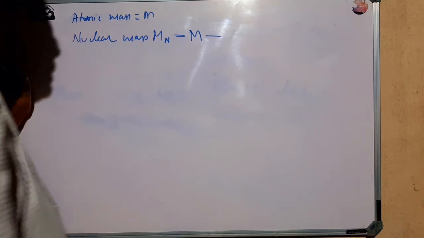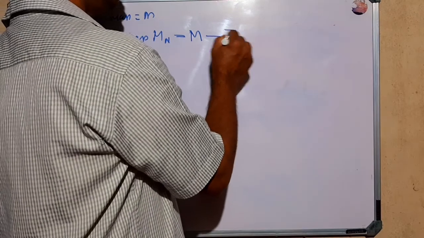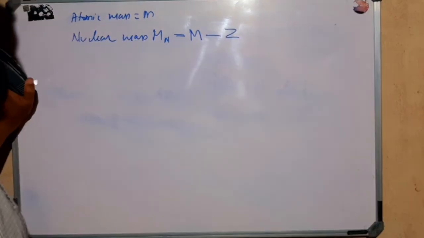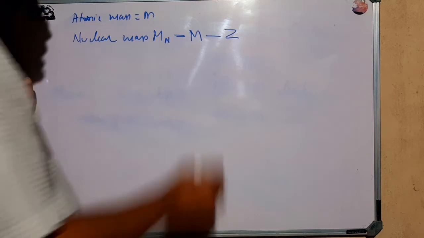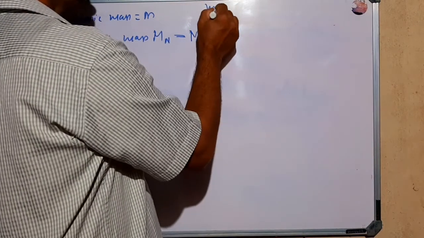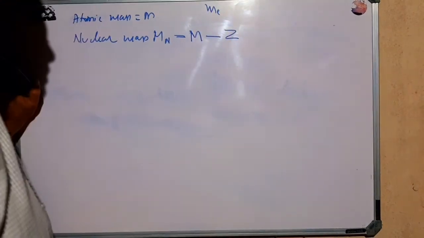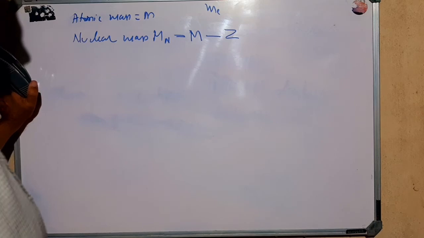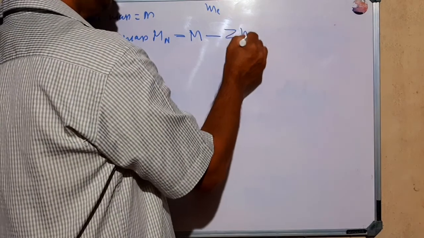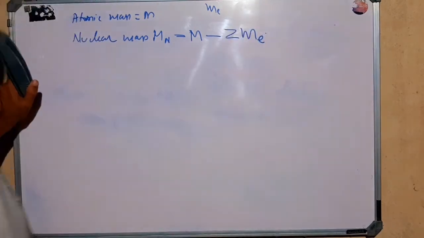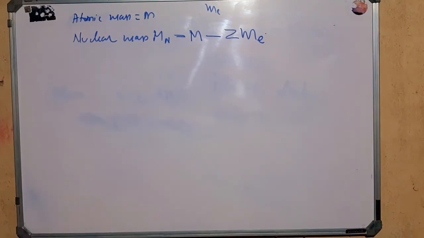Let us take that there are Z number of electrons and me is the mass of the electron, then the total mass of all electrons becomes Z into me. So this is nothing but the nuclear mass.